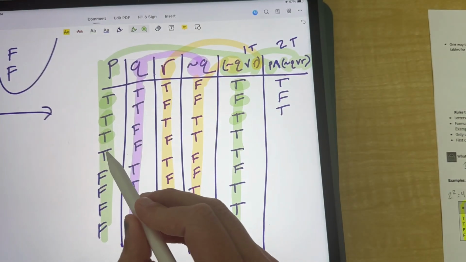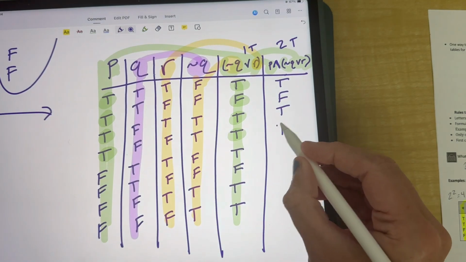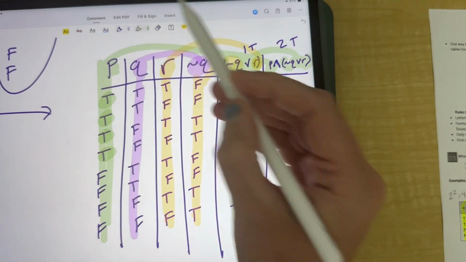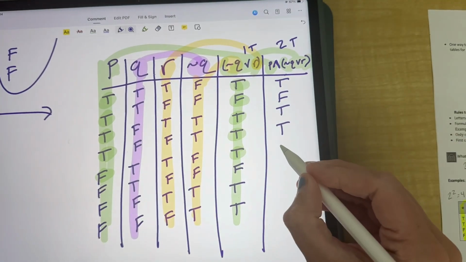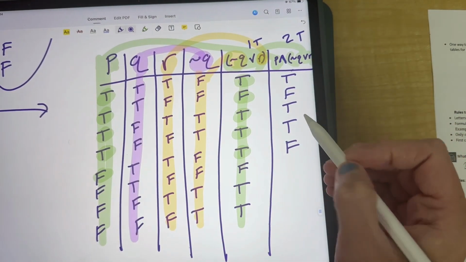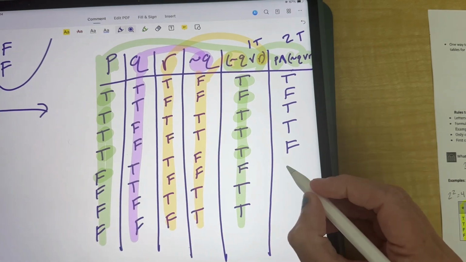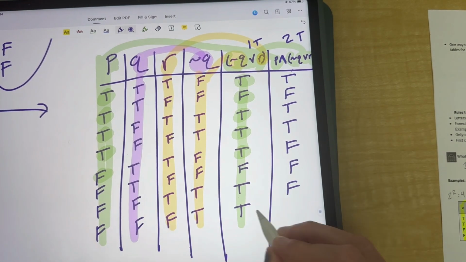Okay, then we have TT, okay, so both of those are true. Okay, what are we on, the 5th row? The 5th row is FT, so that's going to be false. Notice the rest of these are Fs, and since we need both of them to be true, it's going to be false. So false, false, obviously it's going to be false. 2 T's, no. 2 T's in the green, no.